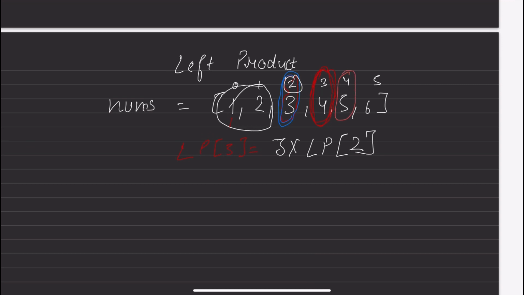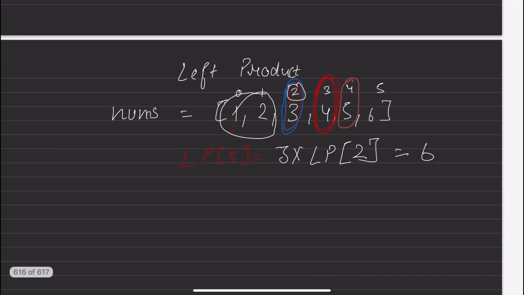So now I already know the left product of 3, which is 3 into the left product of 2, which is 1 into 2, which equals 6. So I found out LP4, that is the product of all the elements on the left side of index 4.